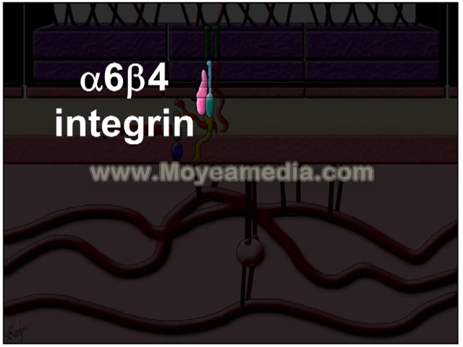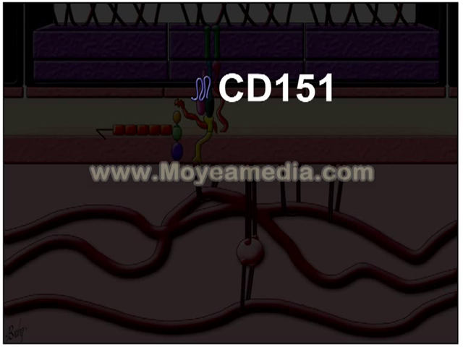The alpha-6 beta-4 integrin also spans that same zone. Some people pronounce it integrin; I think you'll hear it both ways. CD151 antigen is also located there, but predominantly towards the cellular side.